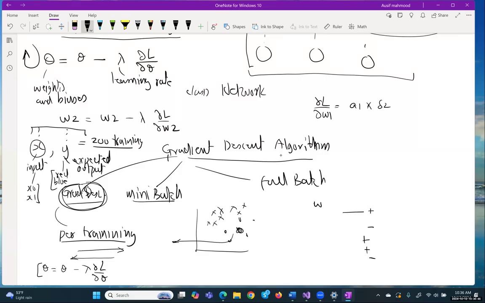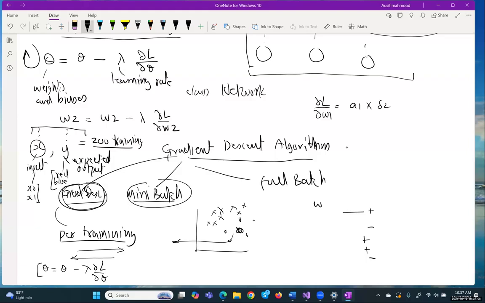So it does not produce as good of an answer because some of the examples may be noisy. It does not create as effective a learning if, per training XY pair, we adjust the weights.